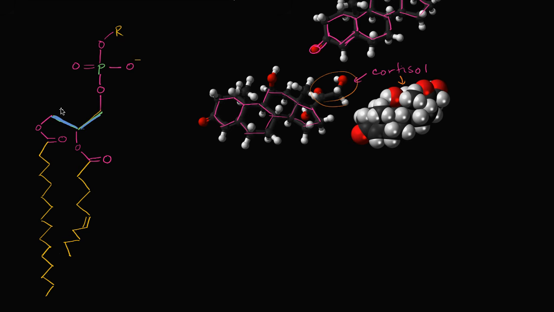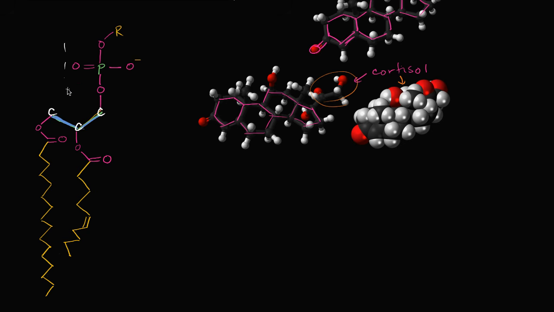So this is a carbon, that's a carbon, that's a carbon there. Each of them are attached to oxygen, so you can imagine that this could have been derived from glycerol. And then 2 of the carbons, like in a triglyceride, are bound to a fatty acid like this. But the 3rd carbon, instead of being bound to a fatty acid like in a triglyceride, is bound to a phosphate group.